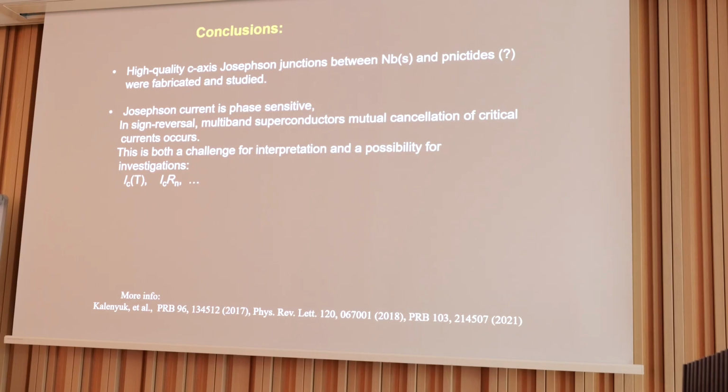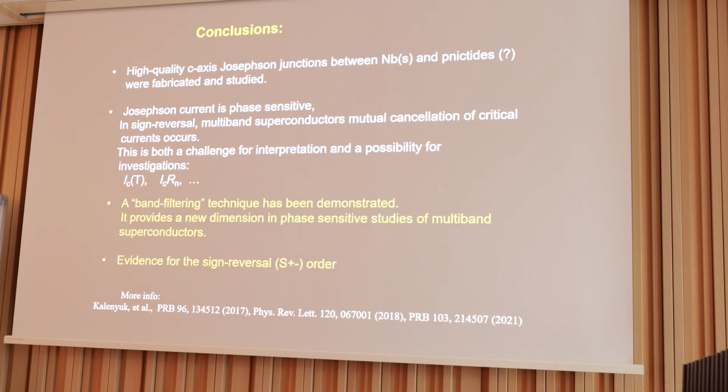This is, of course, a big challenge for interpretation, especially if there are more than two bands you have to take into consideration. But also, this is a possibility for investigation, and there are many parameters that are interesting to look at. For example, temperature dependence can be very unusual, as I emphasized, but also just the bare value of the ICRN product carries important information.